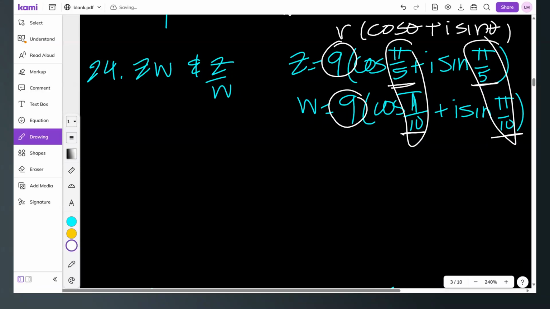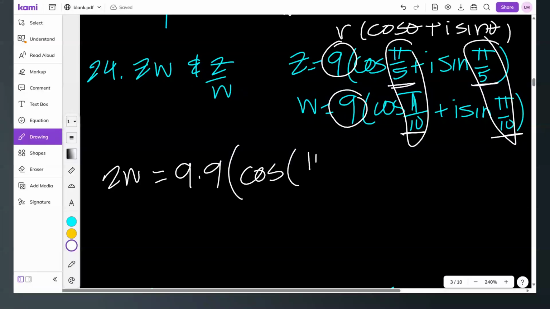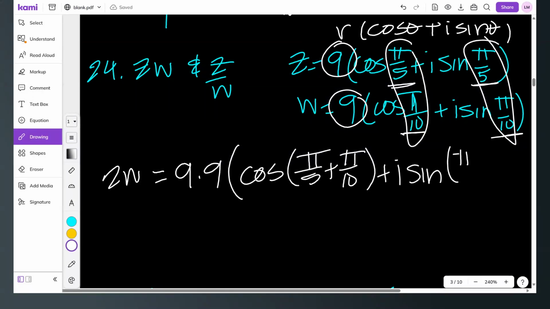So I'm going to multiply my r's together, so z times w is 9 times 9 multiplied by cosine of pi over 5 plus pi over 10, plus i sine of pi over 5 plus pi over 10. Now it becomes a cleanup activity, adding fractions, multiplying whole numbers.